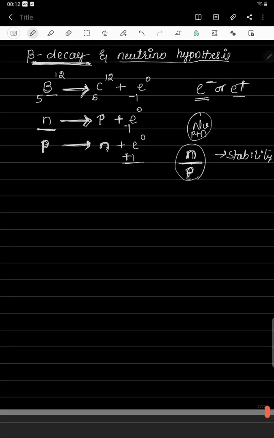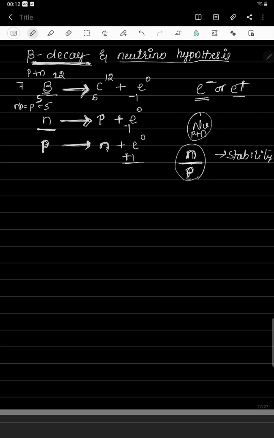In the case of boron, the number of protons is 5. The atomic mass number indicates the sum of protons plus neutrons, so 12 minus 5 is 7. So 7 neutrons are present in the boron.